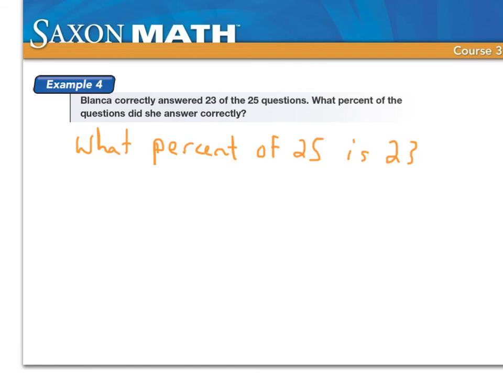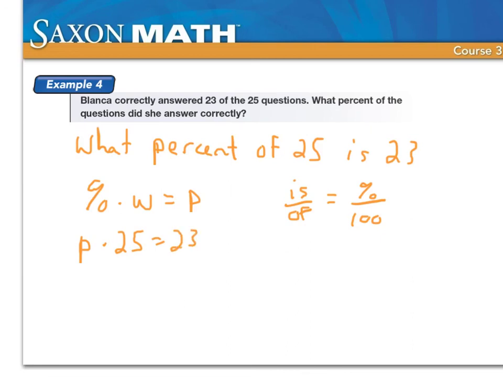So again, there are two methods we can use. We can use percent times the whole equals the part, or we can use is over of equals percent over 100. Whichever way you like best. Here we want to know what percent, so we don't know this. I'm going to put a P in for the percent times my whole, the number of questions that were possible, 25, equals my part, 23.